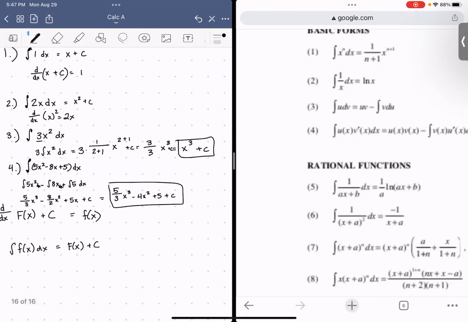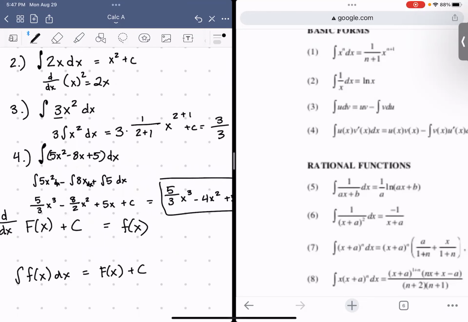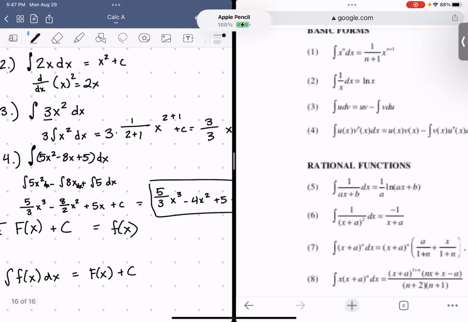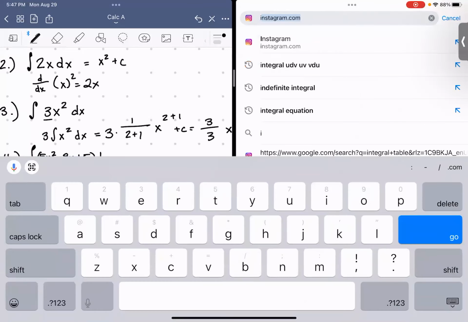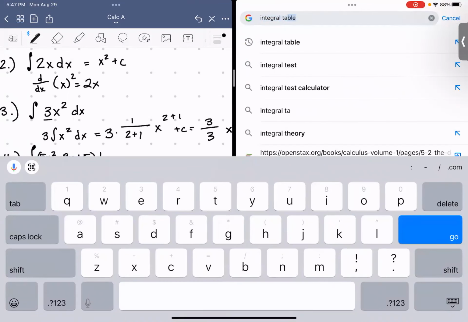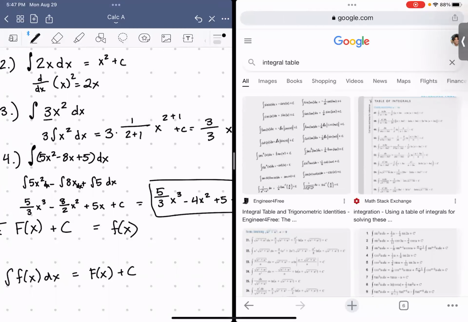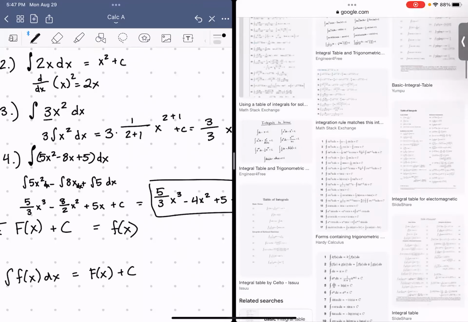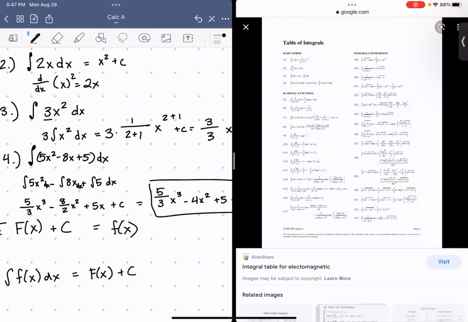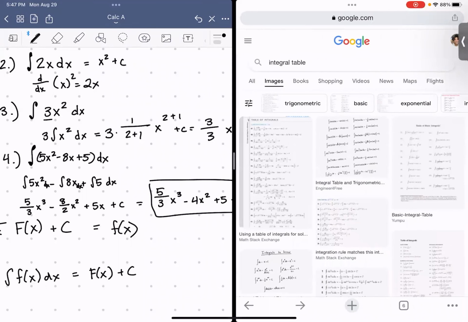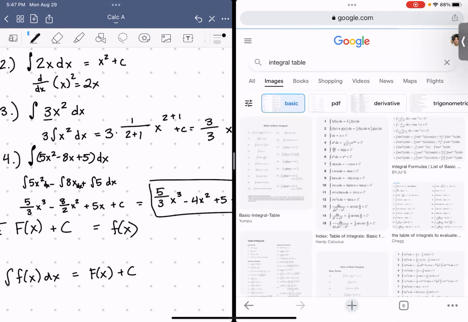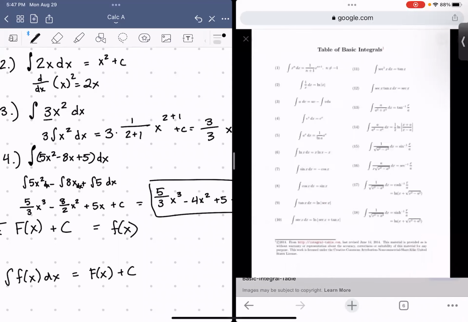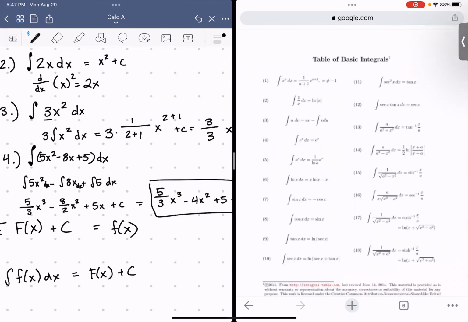I went ahead and did this on my own, and now I can explain what I did. Let me look up an integral table so I can explain that there are rules to this. I'm not just pulling things out of my head. Here's a table of integrals that you can use.